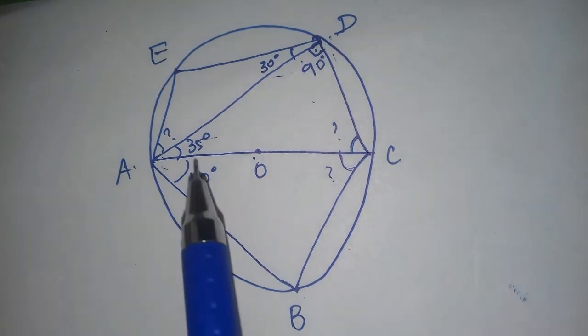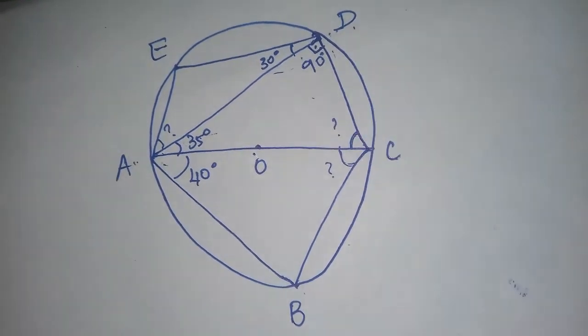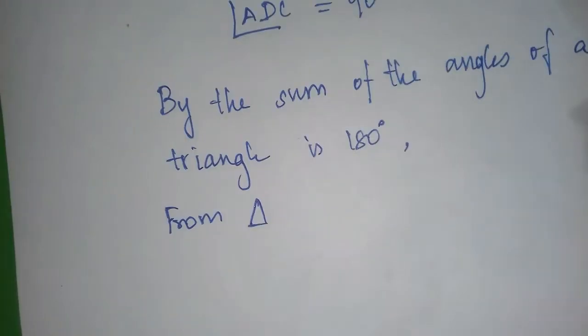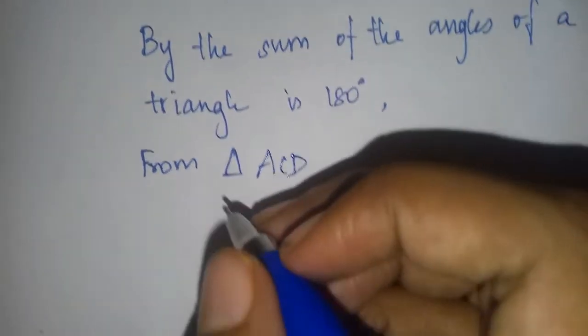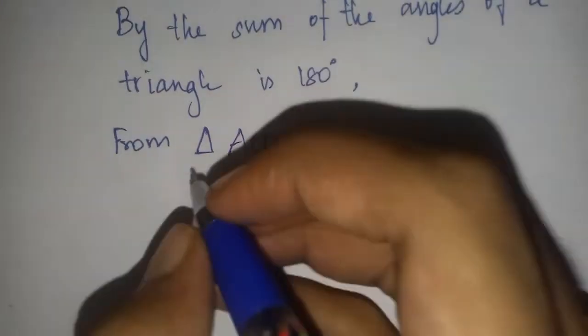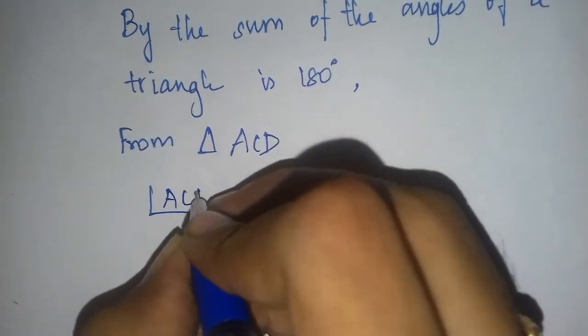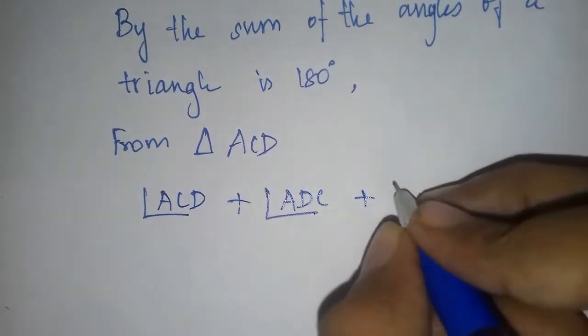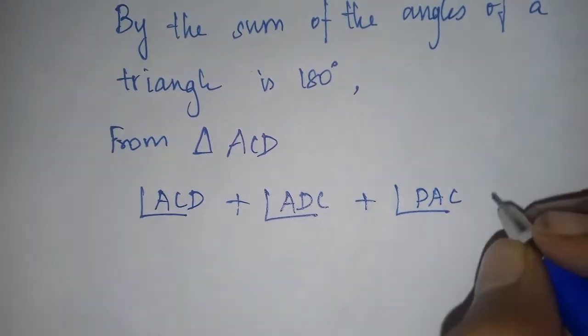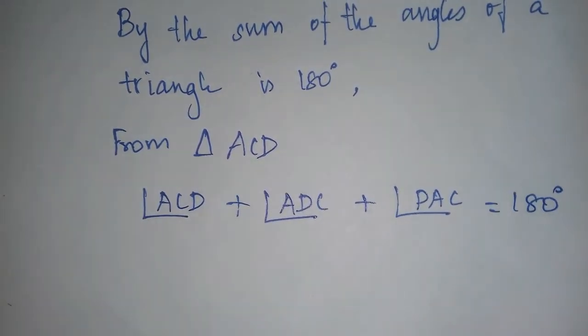From triangle ACD. What will you write? Angle ACD plus angle ADC plus angle DAC is equal to 180 degrees.